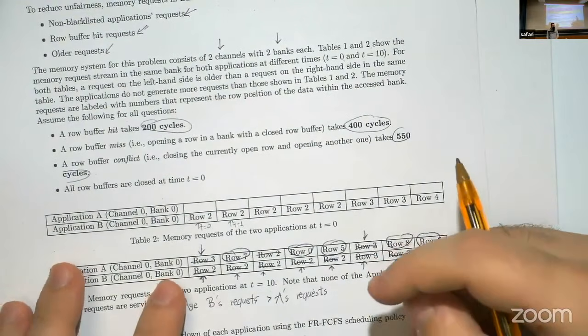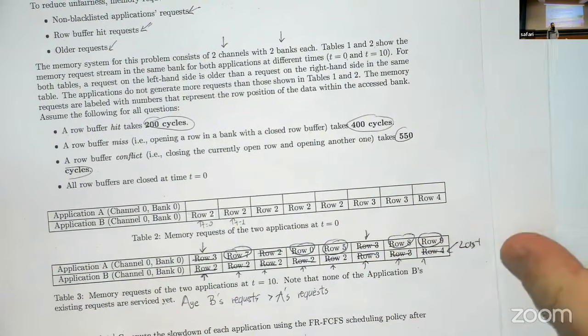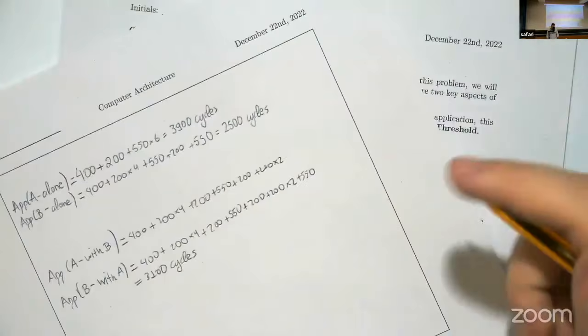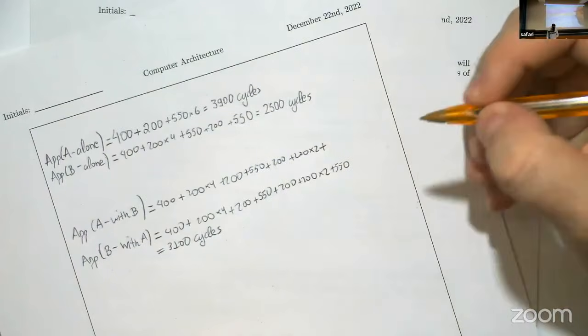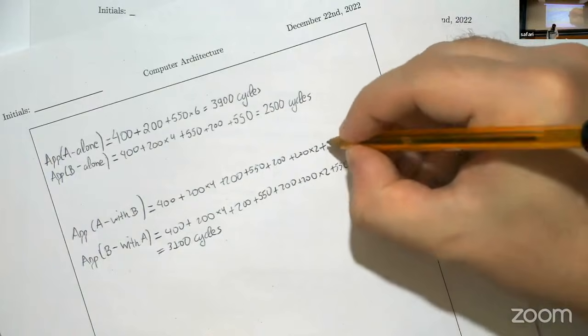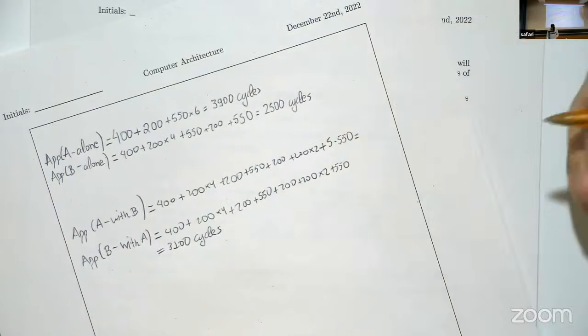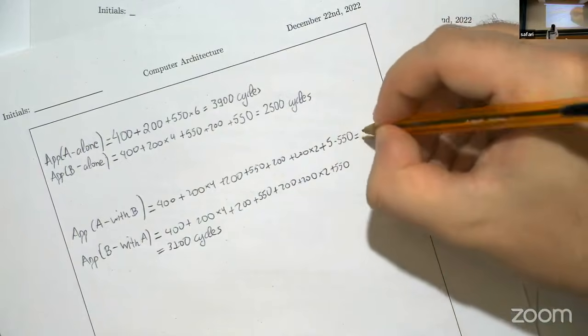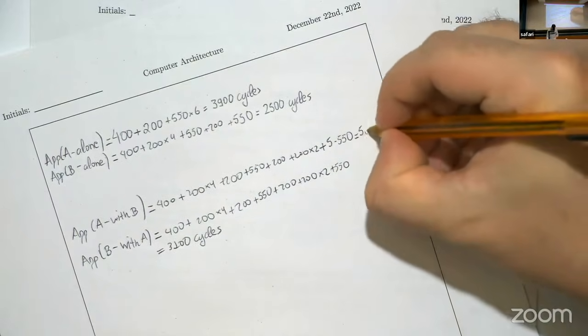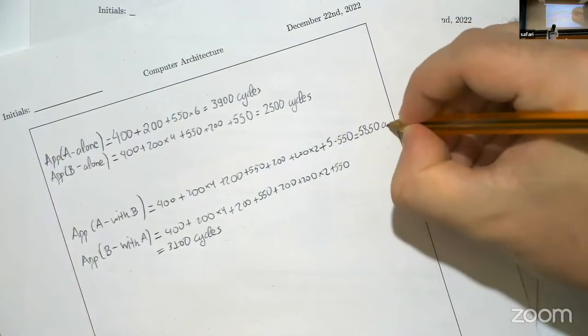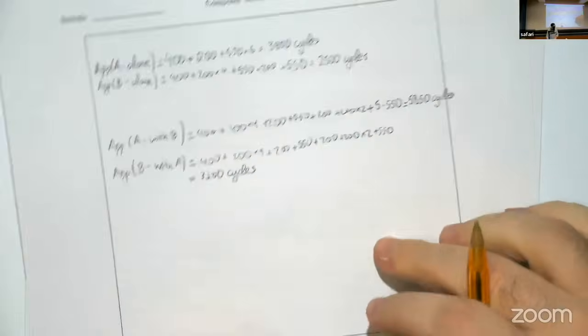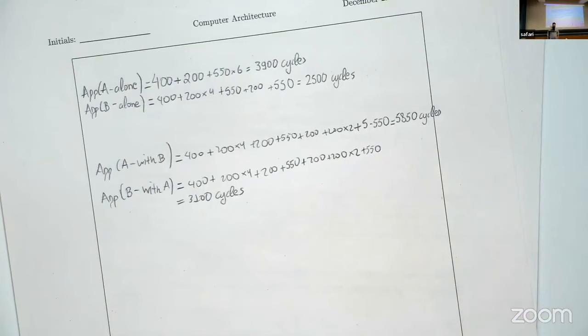All of these are conflicts because we need to open up a new row every time, which means that application A will experience 5 more conflicts, which makes the total latency 5,850 cycles. Is it okay? You can see, right? Okay.